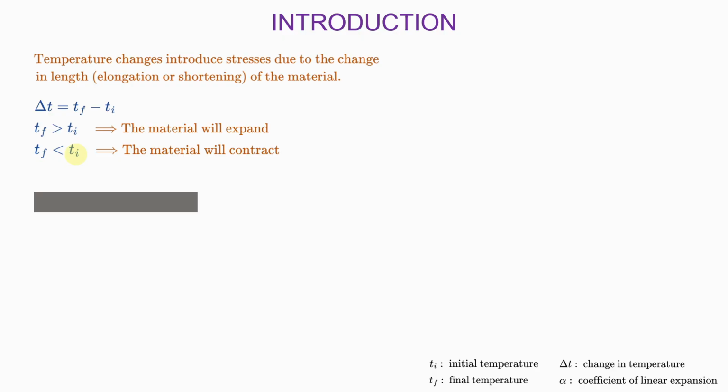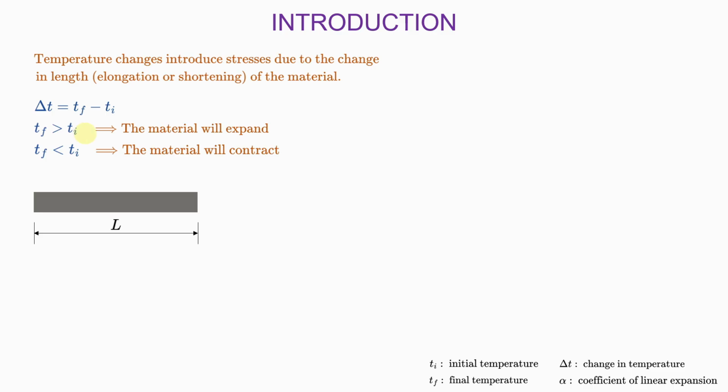Now let us say you have a bar, okay, so this is a bar and the length of the bar is L. And now let us say that we increase the temperature of this bar. Then what will happen? As we said earlier, if you increase the temperature, the material is going to expand because the final temperature is greater than the initial temperature. It means the temperature has increased.